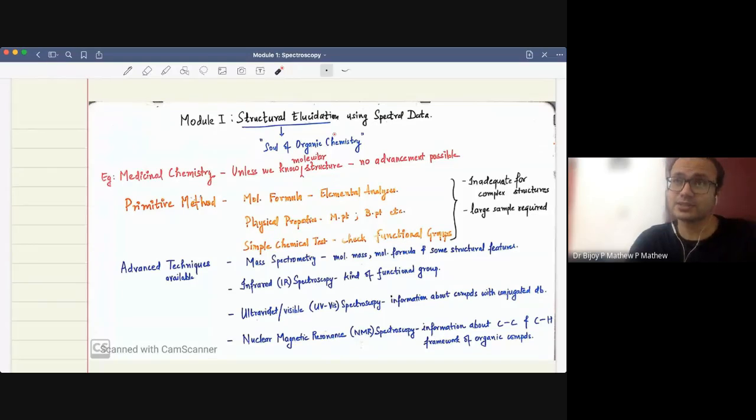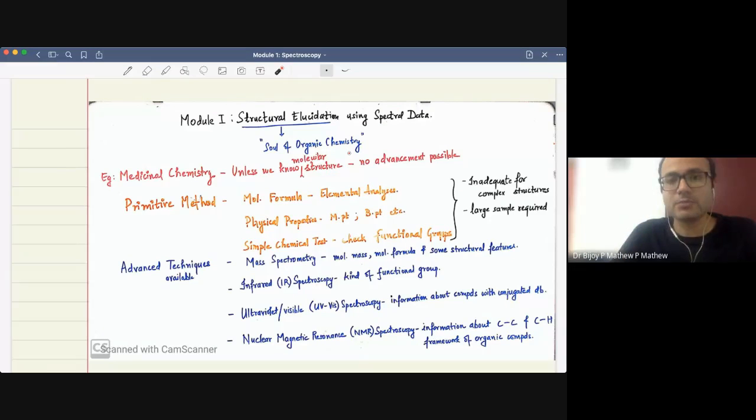Particularly, this is useful, as you can see here, I have written, in medicinal chemistry. Unless we know the molecular structure, we cannot advance the medicinal chemistry. Why? Because suppose there is some natural product, and using that natural product, we know that it is able to cure a certain kind of ailment in our body.